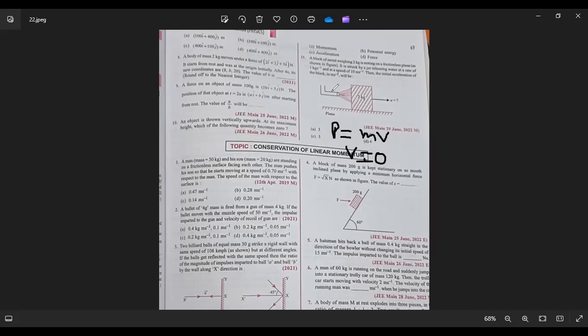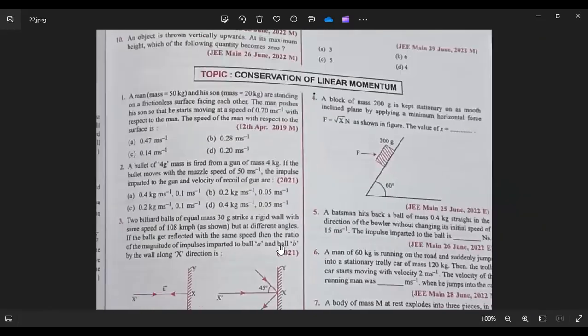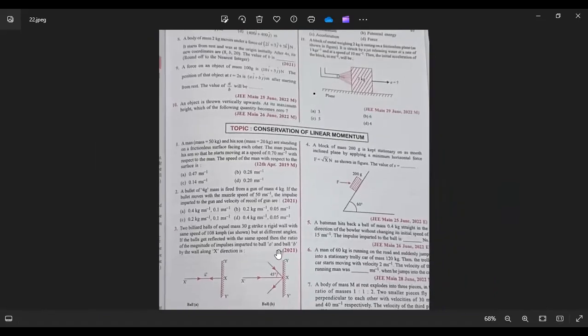Now move on to the last question. A block of metal having mass 2 kilogram is resting on a frictionless plane, as shown in the figure.